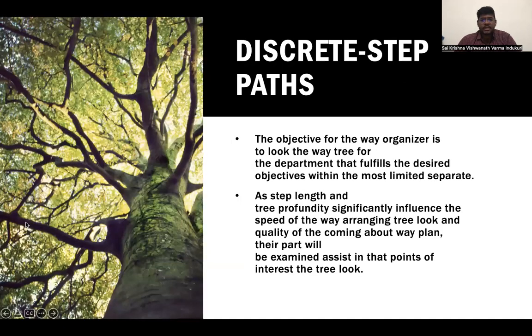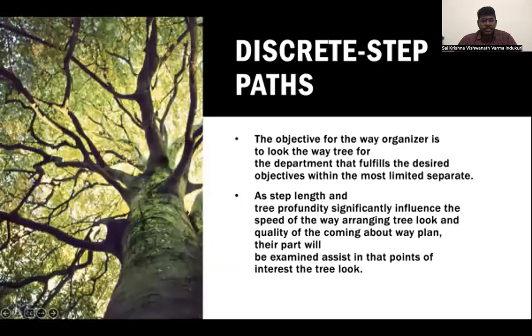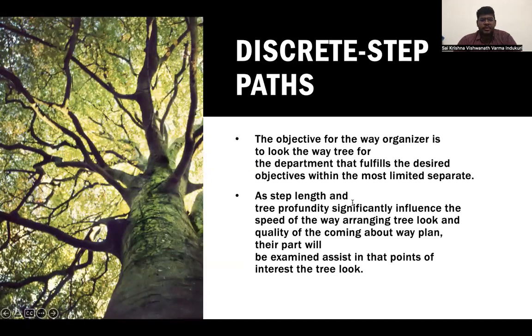So next is the discrete step paths. So, an effective path planning algorithm should create a type of path that is not constrained by points or headings, that utilizes the complete capability of the vehicle sensors, and that satisfies the dynamic limitations of the vehicle. So these capabilities can be provided by discrete step paths, which are built by assembling primitive turn and straight segments to form a flyable path.